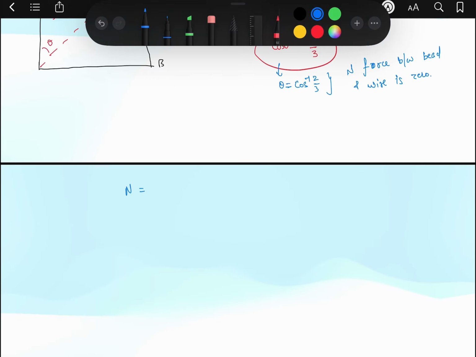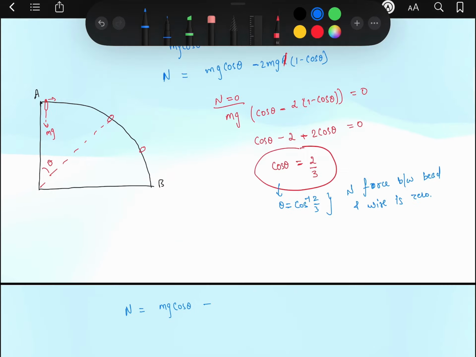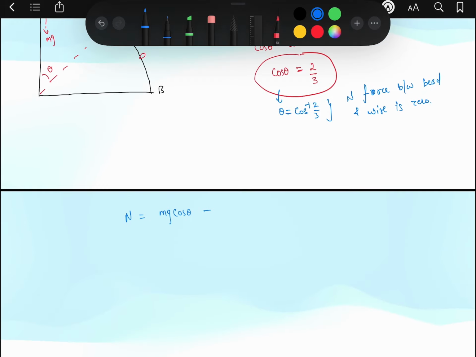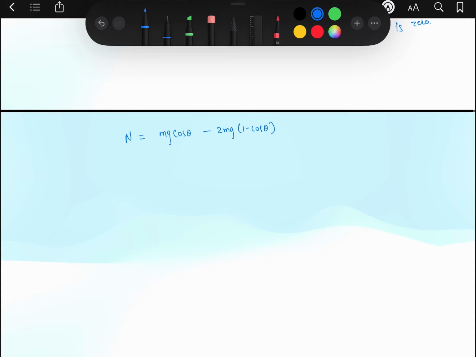Mg cos theta minus 2mg into 1 minus cos theta. Okay, let me simplify it more. Then I can write mg, I will take it common, into 3 cos theta minus 2. Okay, so this will be the equation for this normal, right?